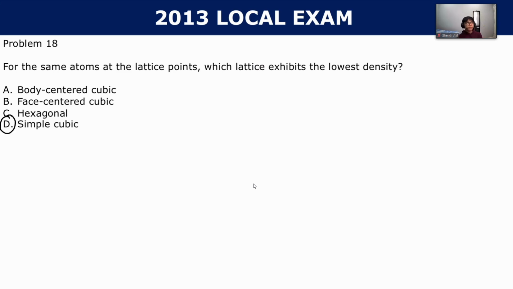It's going to be about, I think, 52% empty space.